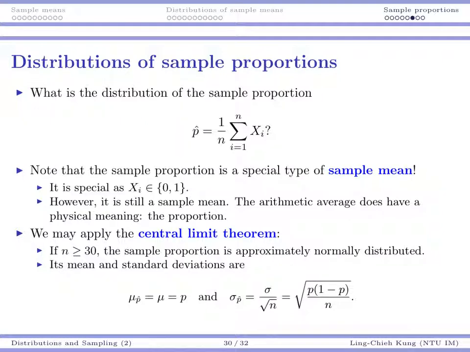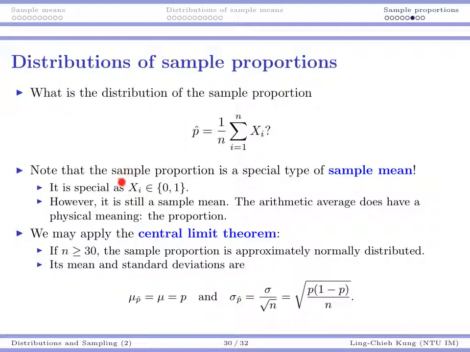Okay, so now we're ready to talk about the distribution of the sample proportion. Note that the sample proportion is a special type of sample mean, right? The formula is just the sample mean. The only difference is that xi is just binary.